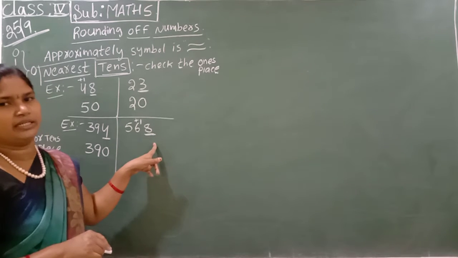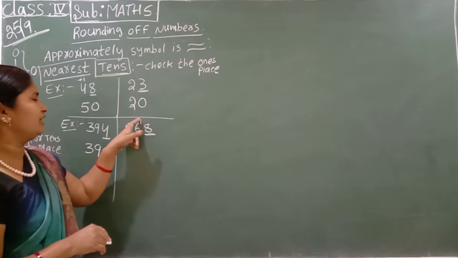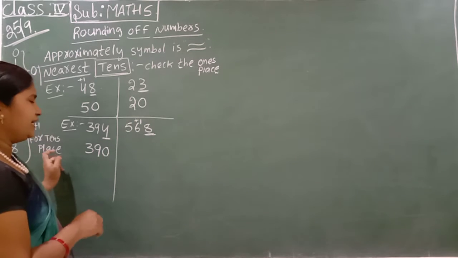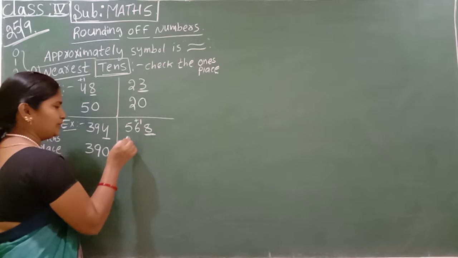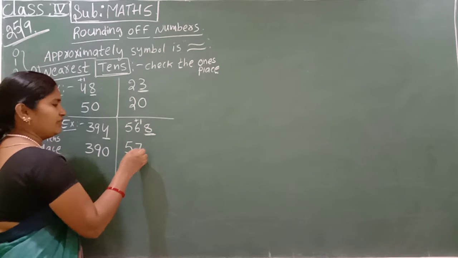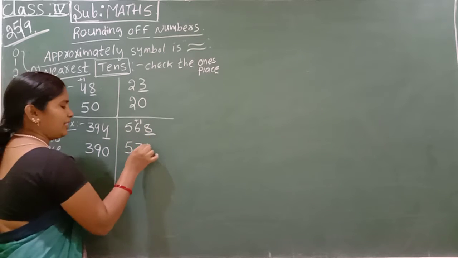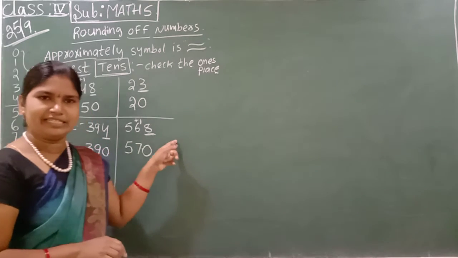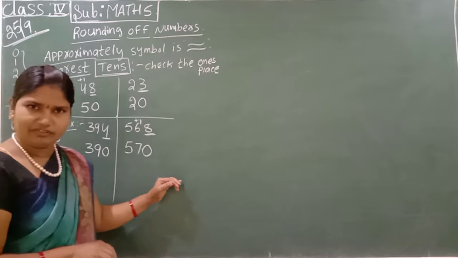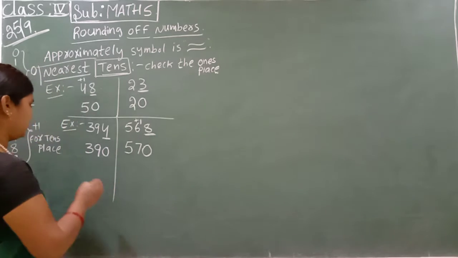Big number. So, I am adding 1 to the tens place. The 500 place stays as it is. 6 plus 1 is 7. The underlined place you have to make 0. So 568 to the nearest tens is 570. Like this.